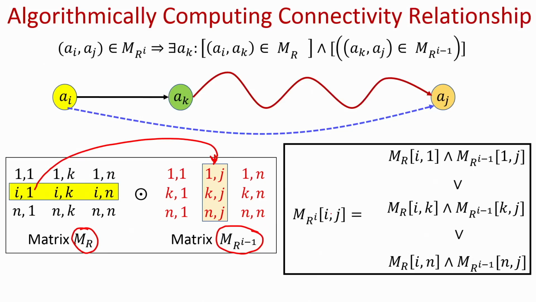So, I can say that if in my graph the element Ai is related to element A1 and if element A1 is related to element Aj, then I can say that element Ai is related to Aj.